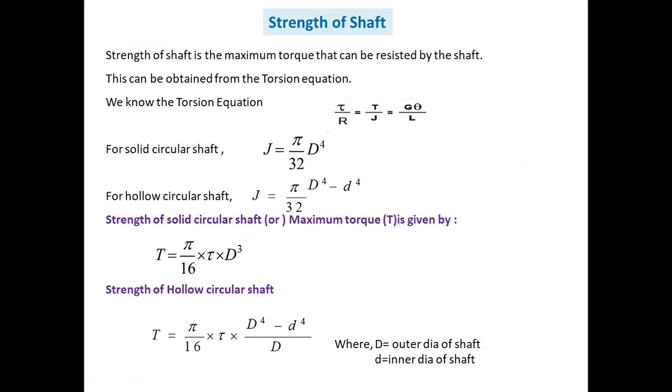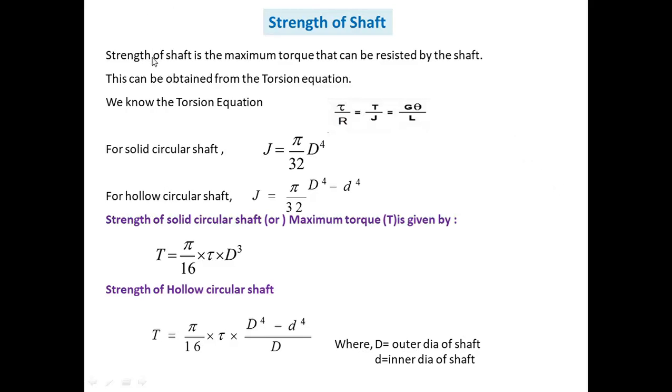Then strength of shaft. Strength of shaft is the maximum torque that can be resisted by the shaft. Actually, in the shaft at the center, the shear stress will be 0, but at the surface, the maximum will occur.